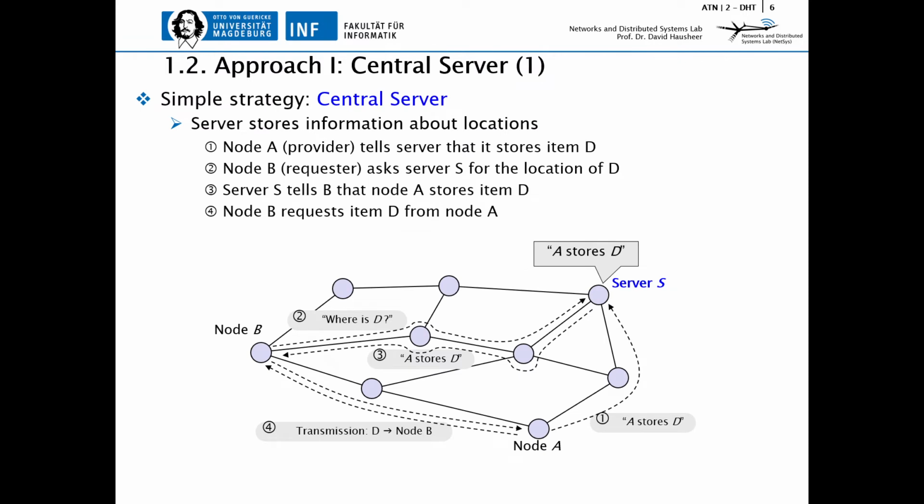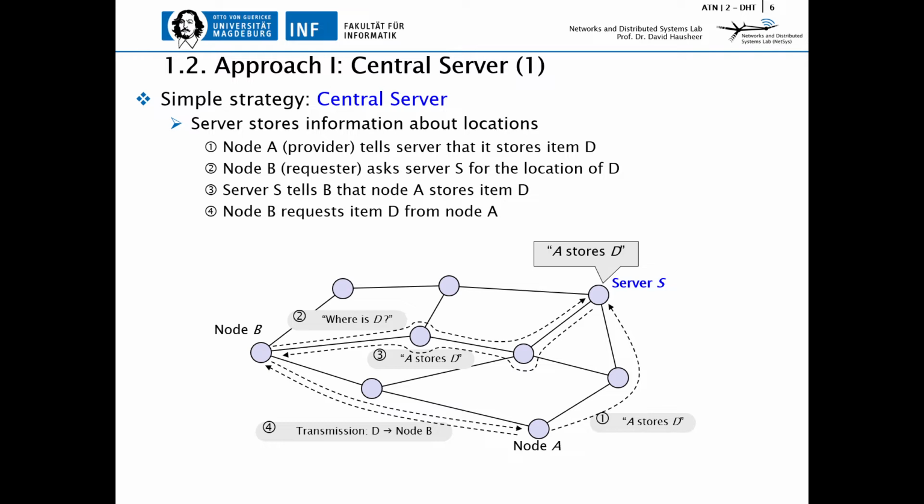The most simple strategy is a central server-based approach. Here we have a server S, for example, that stores information about a node A that stores an item D. This requires that node A announces that it stores this item for others who are interested in it to look up this information.